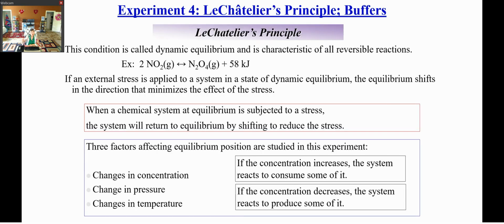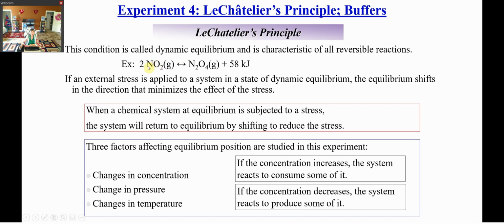So when you apply external stress to this equilibrium, what's going to happen? Equilibrium is going to be subject to a shift. At this point, we are going to consider the condition called a dynamic equilibrium. And this dynamic equilibrium is a characteristic of all reversible reactions.